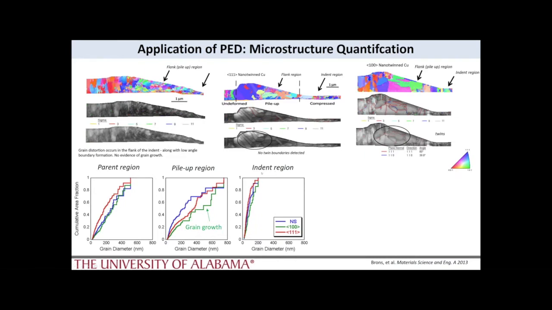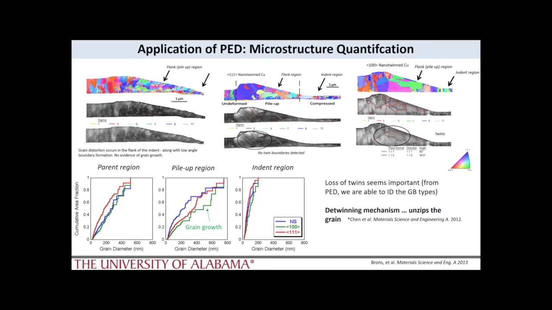What we can see is that in the indent region the stresses are so significant that the grains are really, really refined. But we're able to show very conclusively, for example in the 100 oriented nanotwin structure, that we have significant grain growth into this region.